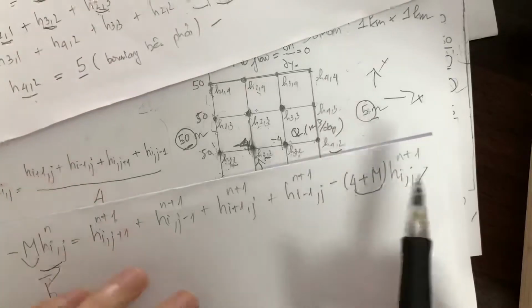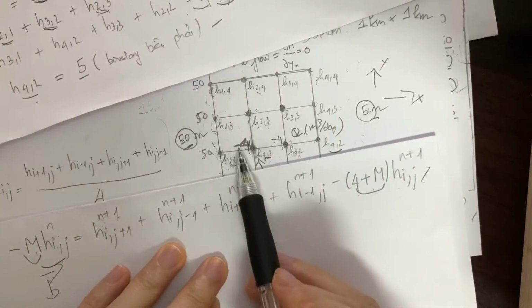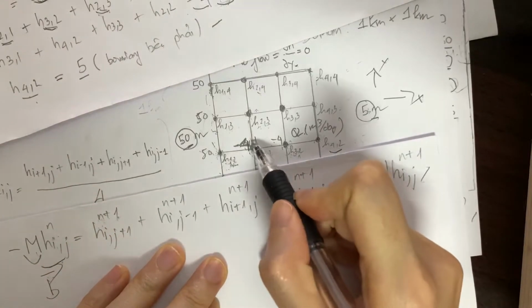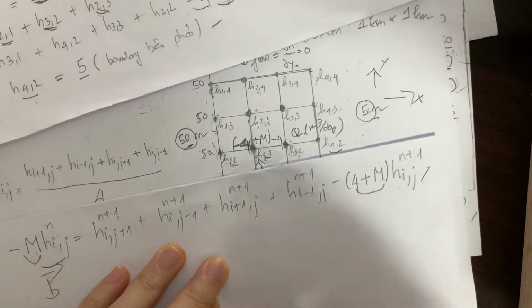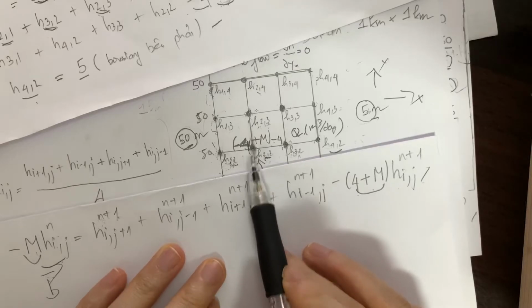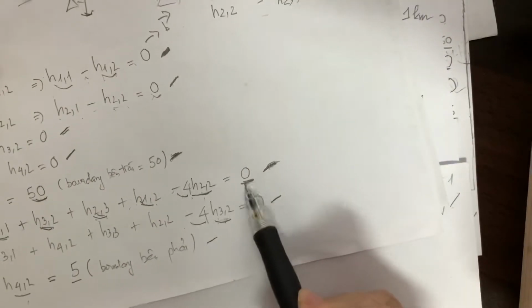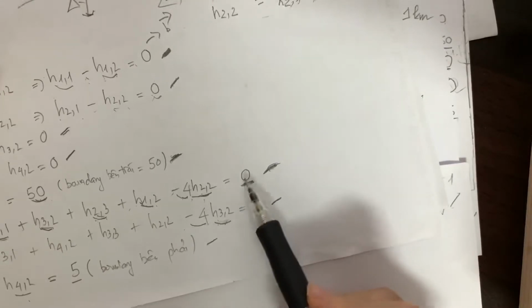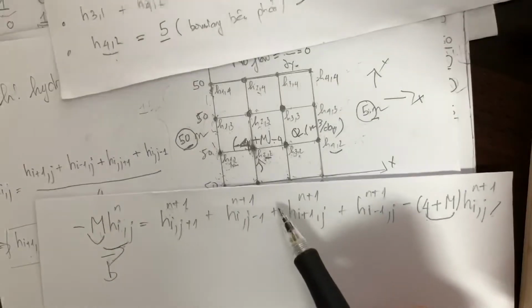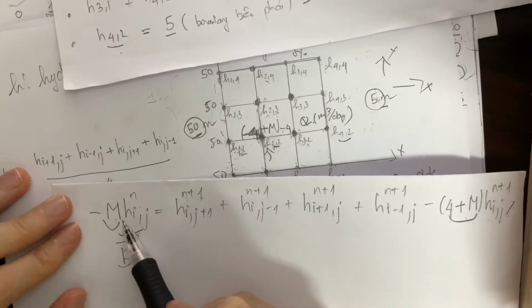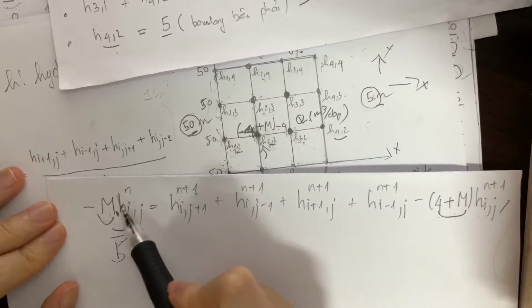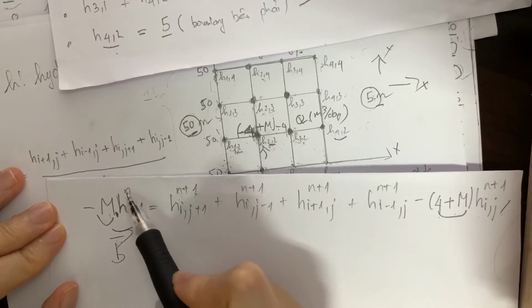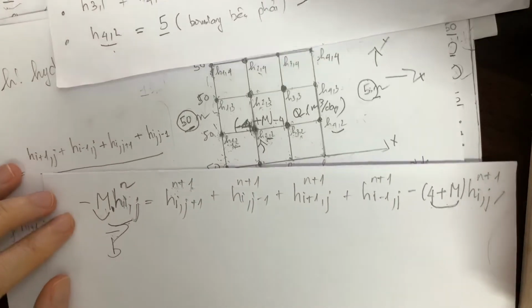But in the transient flow, I will have the minus 4 plus m for the center node, and in the B column, instead of the zero value, I have the m multiplied with s i j of n.